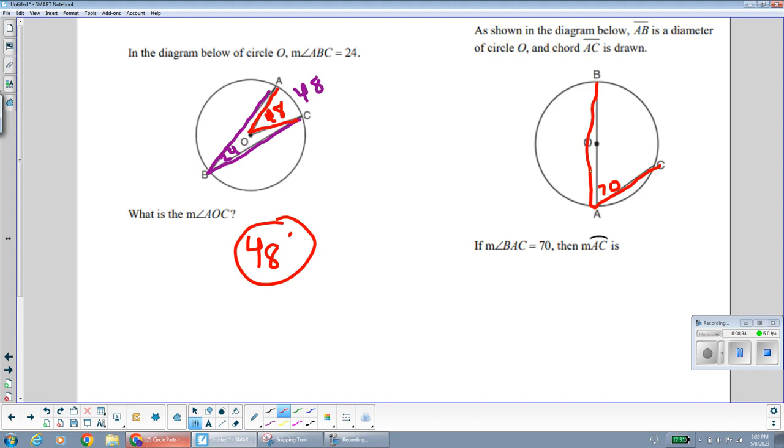So if this angle is 70 degrees, the arc that it's intercepting, BC, would be 140 degrees. And I know from B to A, that's a semicircle, that's half a circle, so that would be 180. So from B to C is 140, then that means AC needs to be 40 degrees to make a total of 180 degrees.